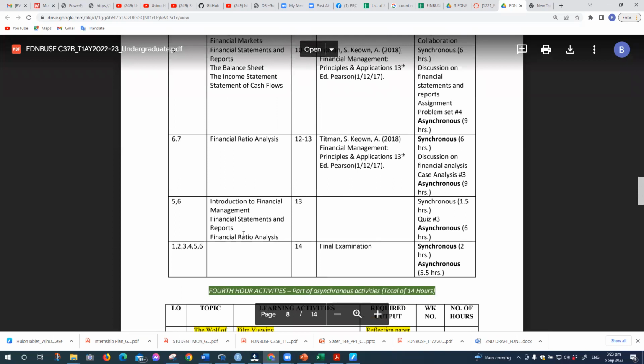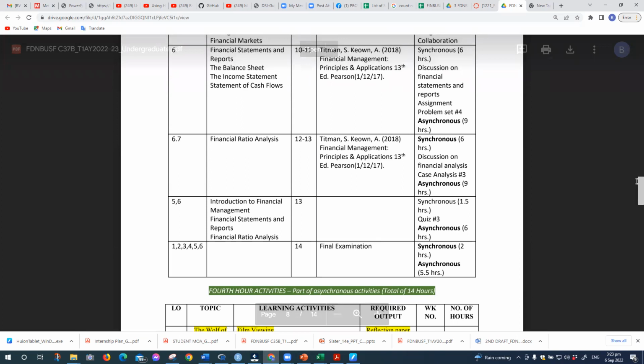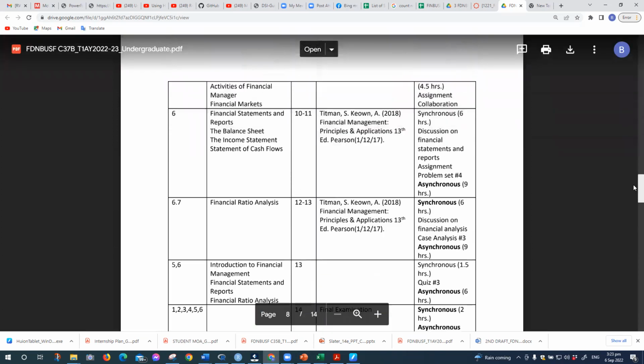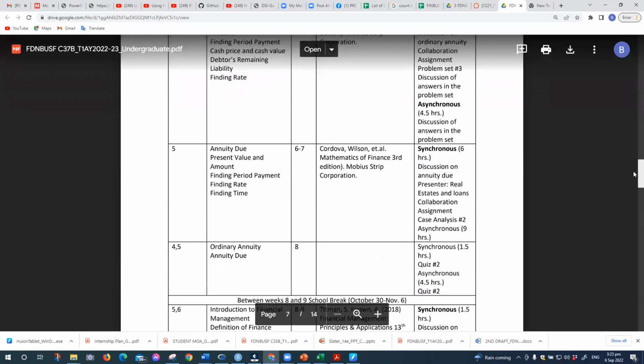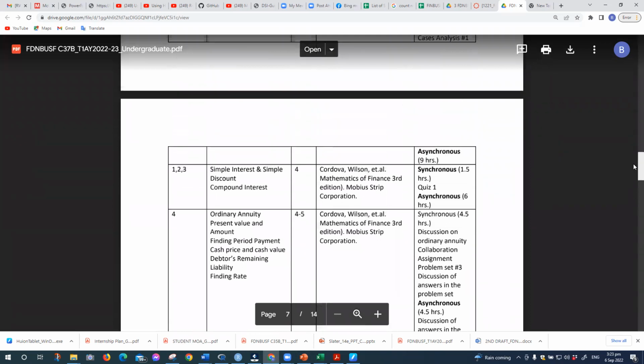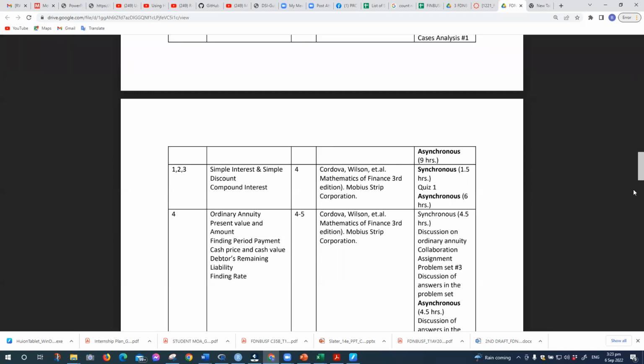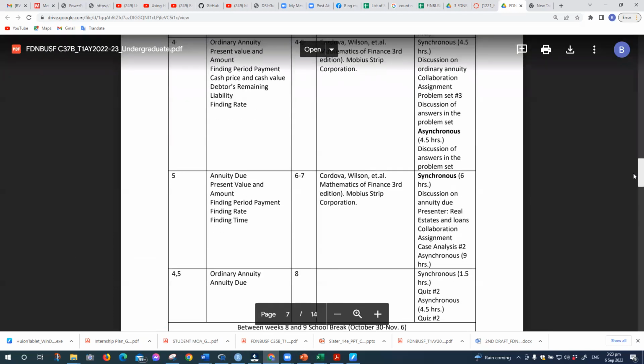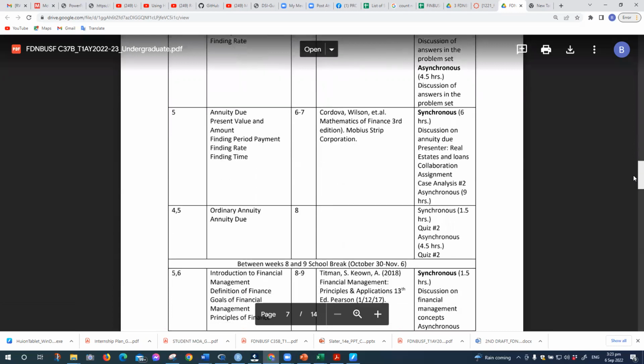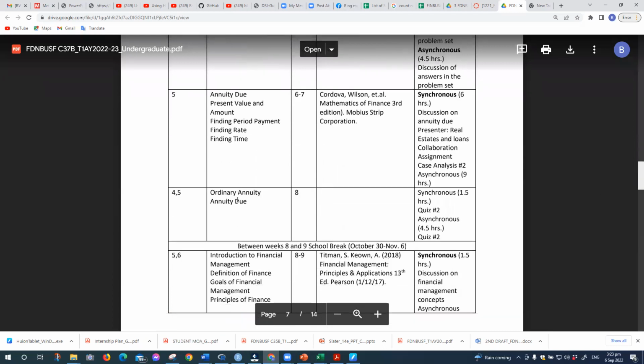Okay? And then ito na yung third quiz pala to, no? I failed to show you ano yung quizzes natin. So minimum of 3 quizzes. The first quiz is after simple interest and simple discount and compound interest, compound discount. Okay, then you have annuity. After annuity, all types of annuity, we have your quiz.